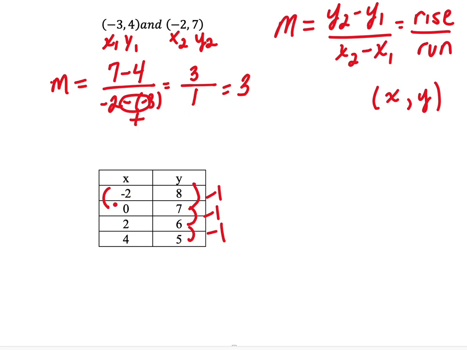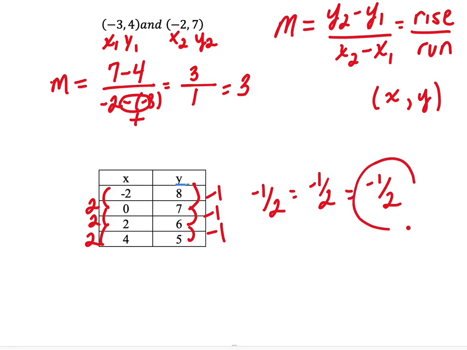My x, negative 2 to 0, 2, 0 to 2, 2, and 2 to 4, 2. So all of these rate of changes is negative 1 over 2, because it's the change of the y over the change of the x. And that is for all 3 of these comparisons. So my rate of change here is going to be negative 1/2.